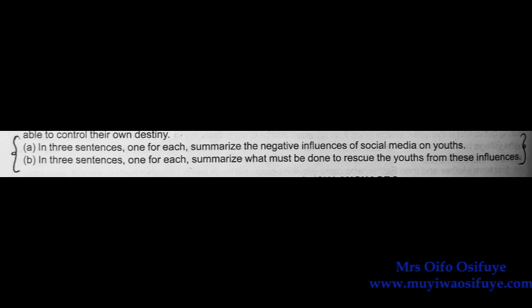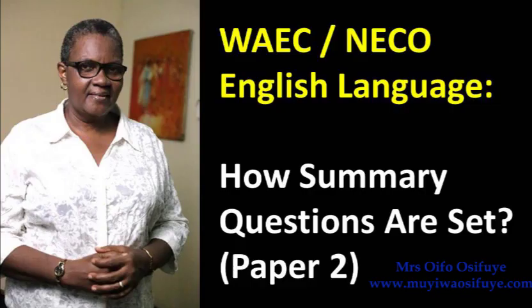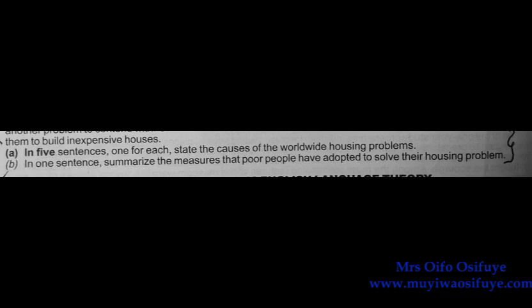Now we also have 3 and 3, which also amounts to 6 questions. And then for the last example, we have: in 5 sentences, 1 for each, state the causes of the worldwide housing problems. The second part of that question is, in 1 sentence, summarize the measures that poor people have adopted to solve their housing problems.